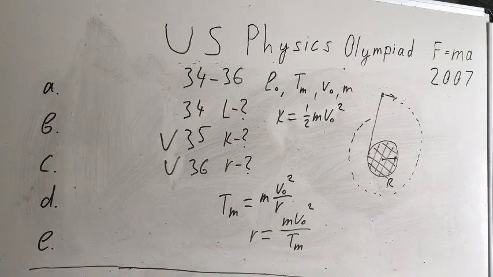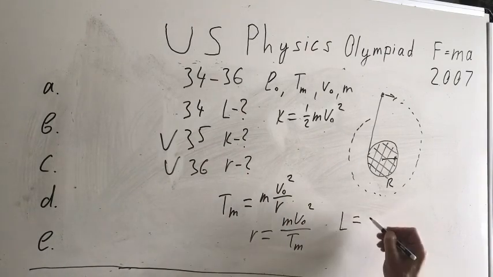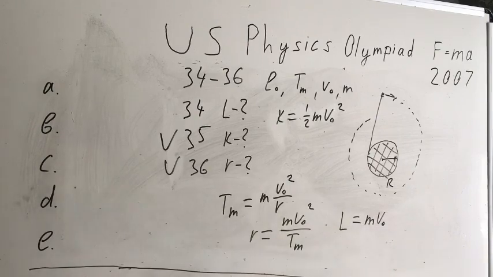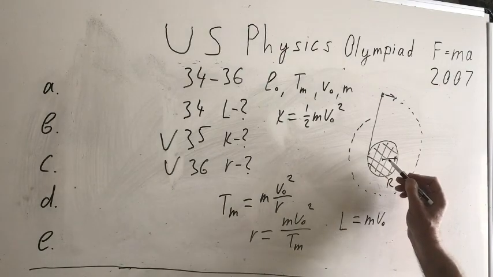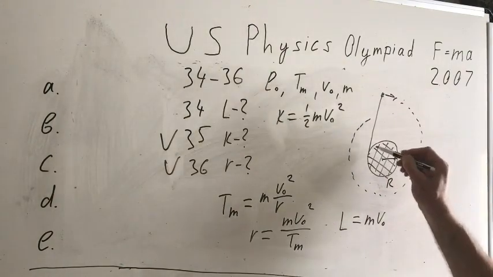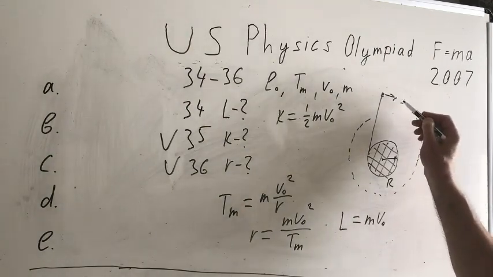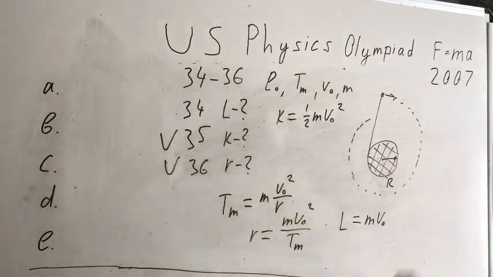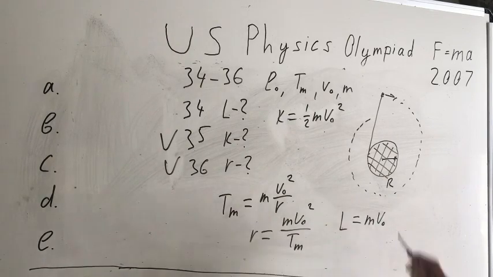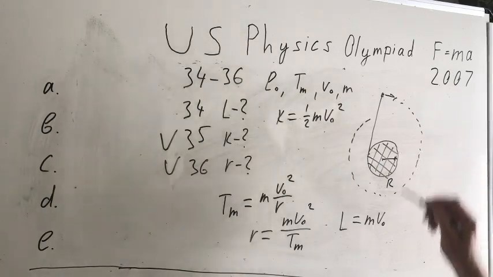And for 34 we have L equal mass multiplied by speed, which is constant, and multiplied by a lever arm. In our case that will be exactly r, because velocity is perpendicular to this vector, and we know that L equals momentum cross product with a lever arm.